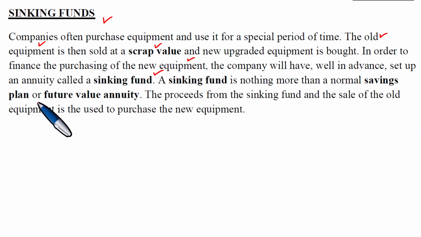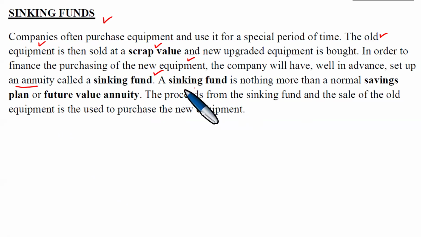So in other words, an annuity that is called a sinking fund is set up by a company in order to replace old machinery. And an annuity means they have this series of payments that they make continuously to save money in an attempt to replace the old machine at the end of its lifetime.